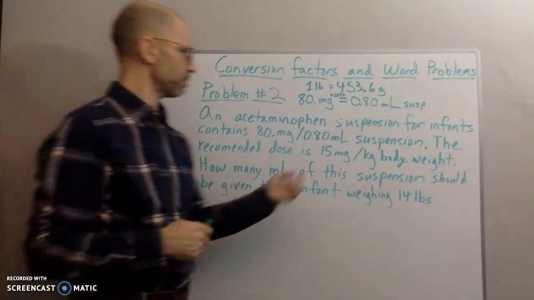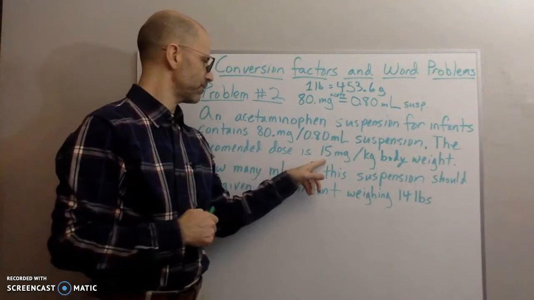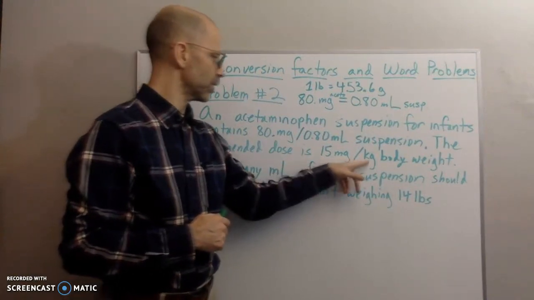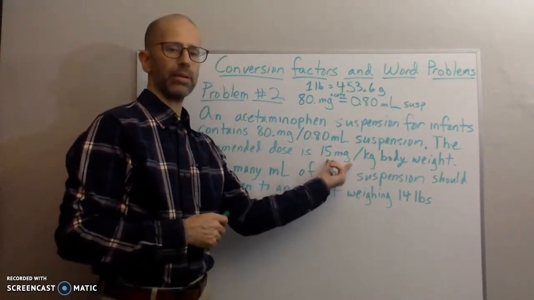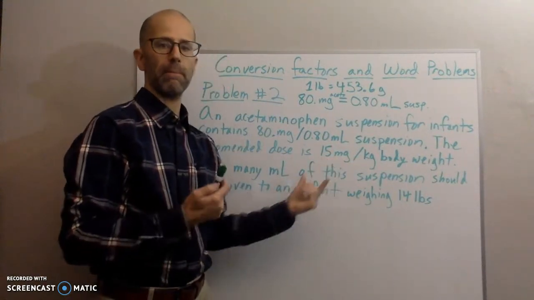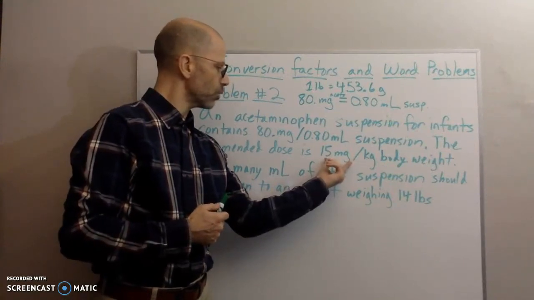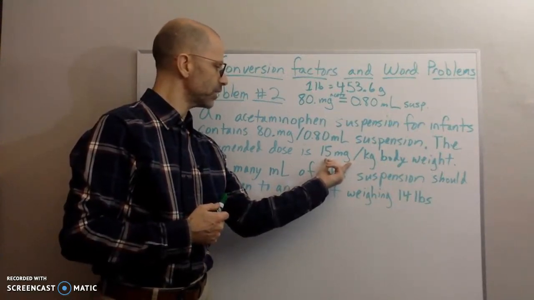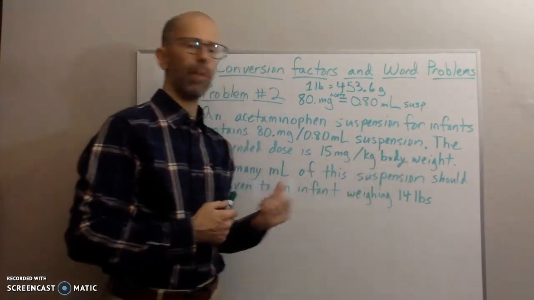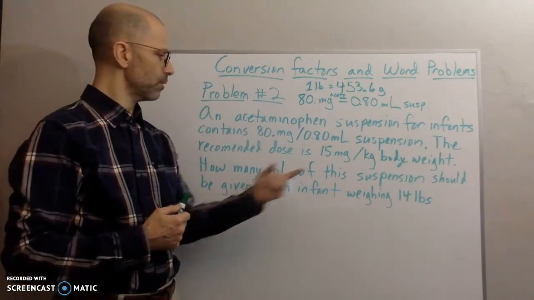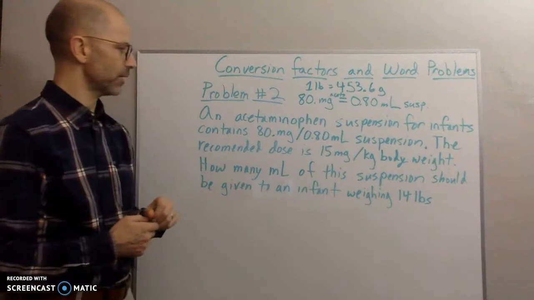Let's keep reading. The recommended dose is 15 milligrams per kilogram of body weight. What does this mean? The milligrams here is referring to the medicine. So you are required to give 15 milligrams per 1 kilogram of the body weight of the infant, right? Again, here is a relationship that we can use as a conversion factor.